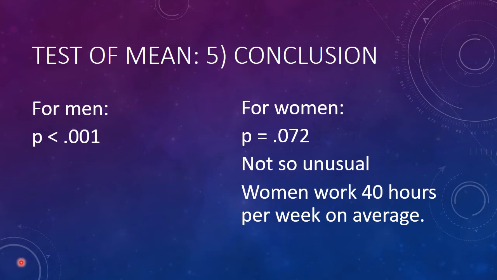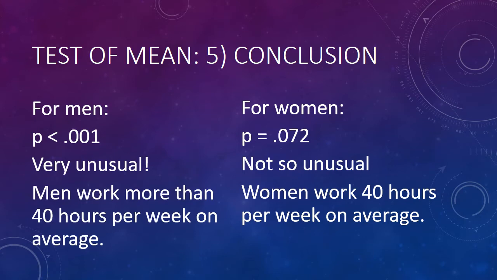For men, though, the p-value was less than 0.001. So if men only worked 40 hours per week, it would be very unusual to have a sample mean of 45.3. So we start to think that men must work more than 40 hours per week, since the results from this sample would be pretty unusual if they only worked 40 hours per week.